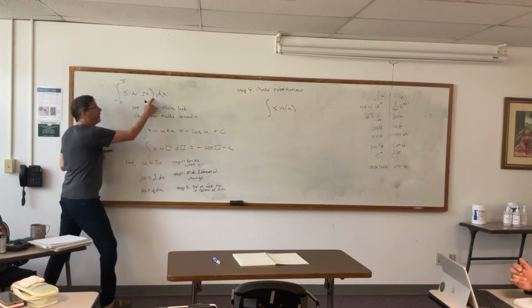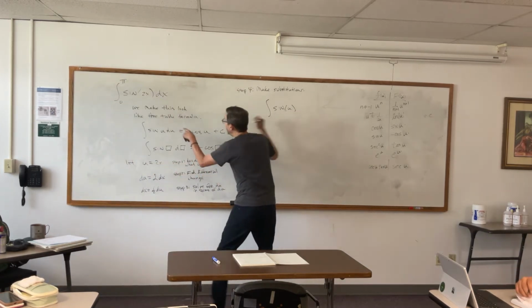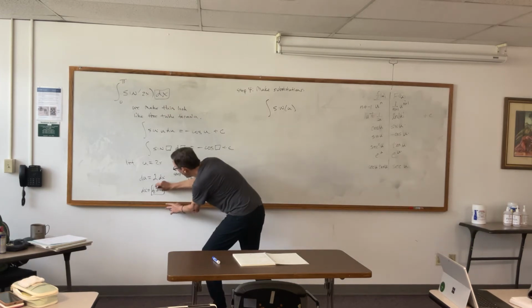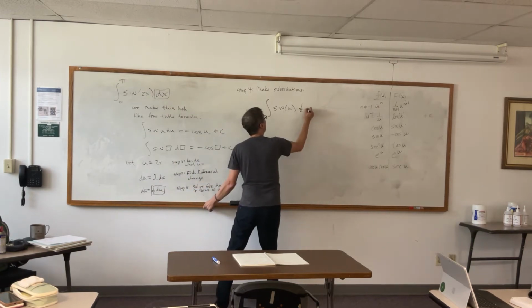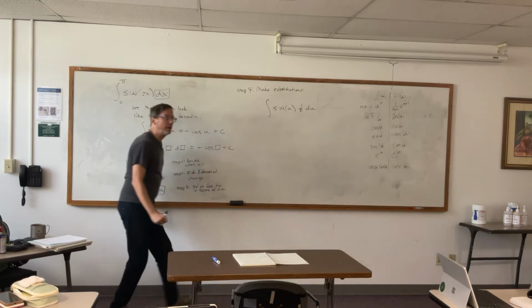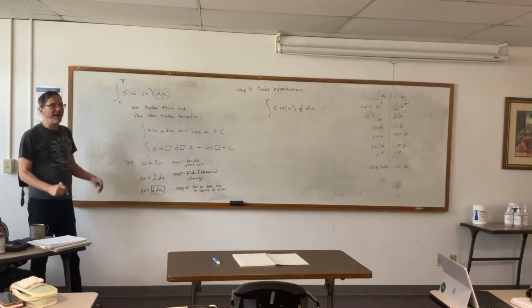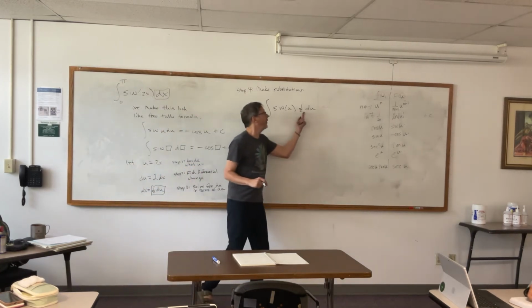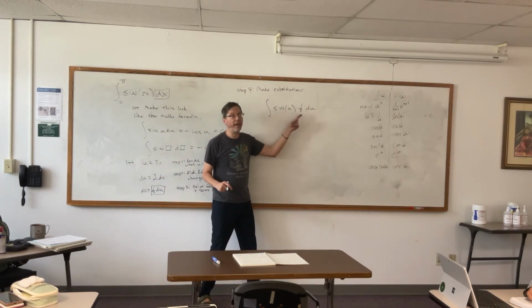So now this becomes this, and now I replace the dx with 1/2 du. It's the same thing. Don't freak out, because I can pull this 1/2 out in front and will. Any constants can come out in front. It's okay.